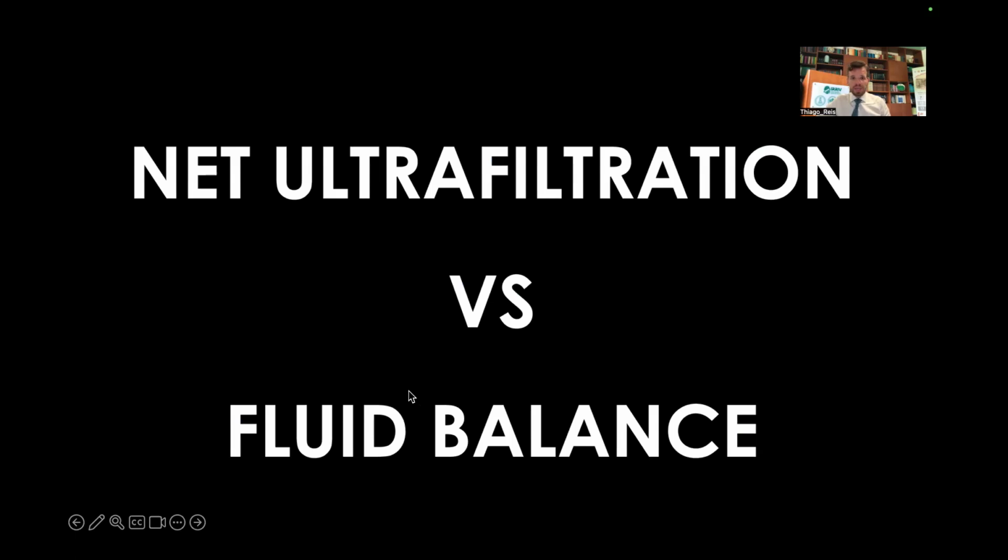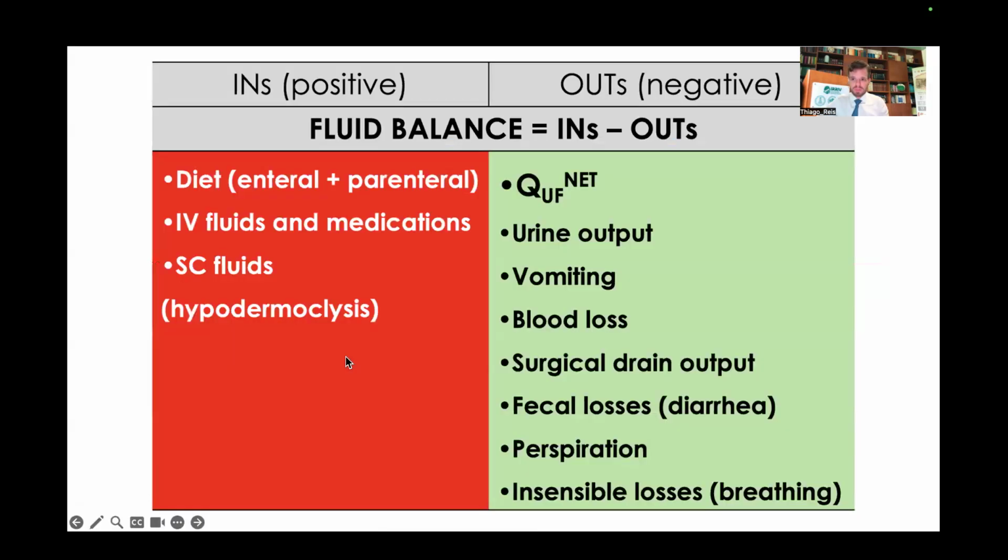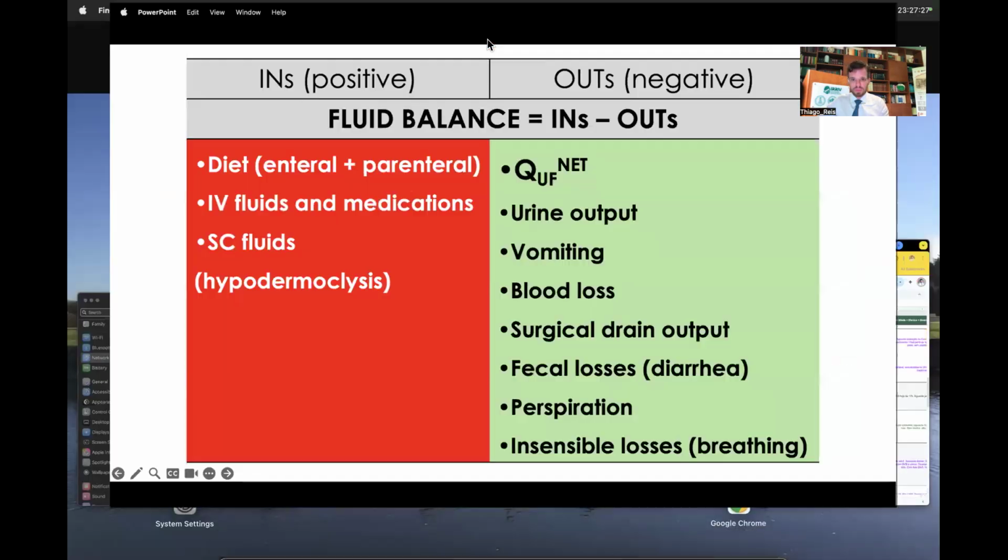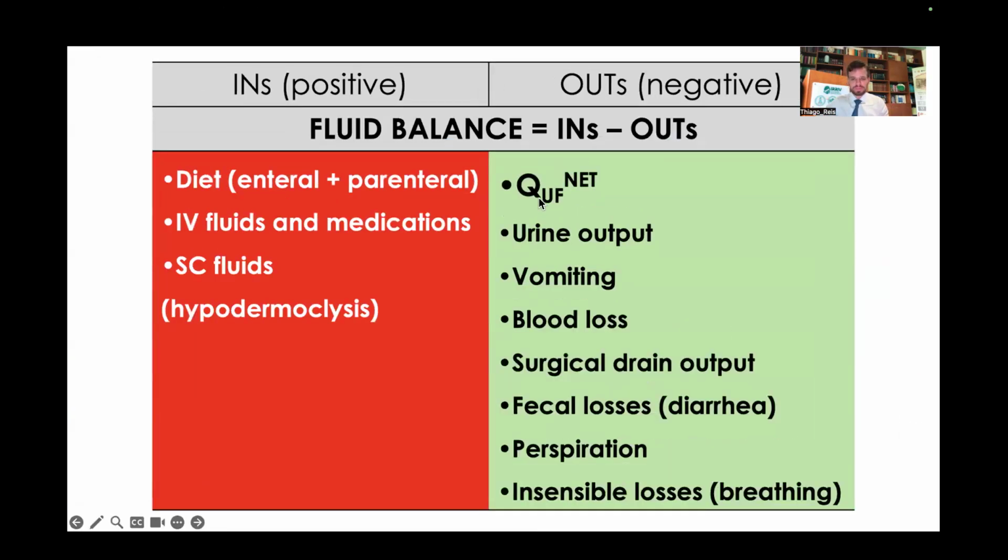Well, in the last 2 to 3 years, there is an unnecessary debate or confusion on two terms: fluid balance versus net ultrafiltration. And I'll try to clarify the difference between these two concepts. So first, fluid balance refers to the patient and is the difference of ins versus outs.